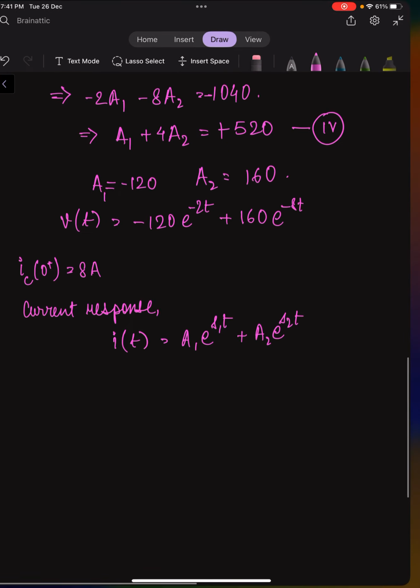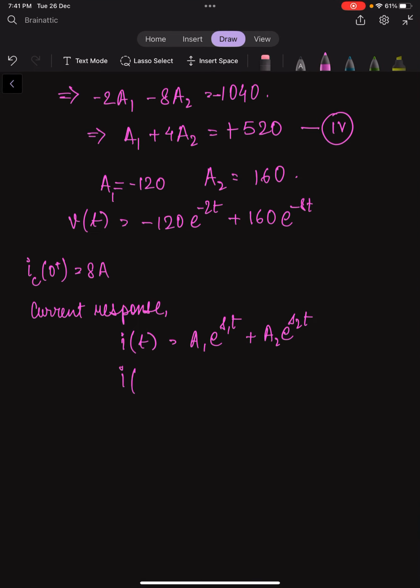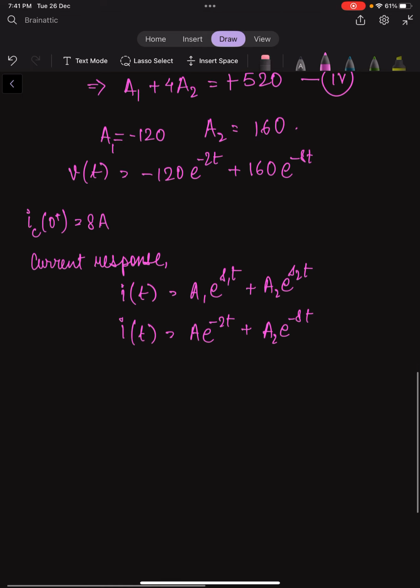We have already solved for S1 and S2, and we know that i(t) is equal to A1 e power minus 2t plus A2 e power minus 8t. Now at i(0) we put the value 0 here, so we have A1 plus A2.